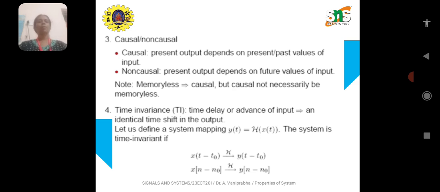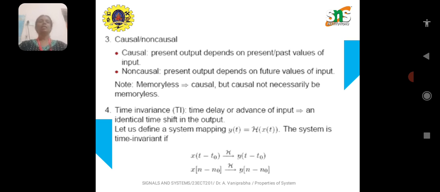So all memoryless systems are referred to as causal. Why? Because a memoryless system also does not depend on the past values. It only depends on the present values. Therefore, all memoryless systems are defined as or compared with the non-causal system.